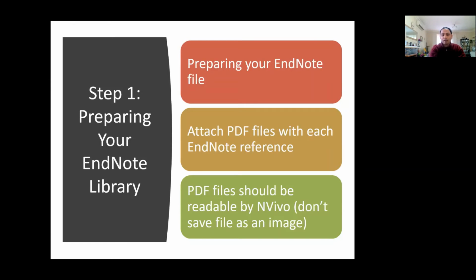If it is an image file, then you need to convert the image file, maybe into a Word document or use OCR, so that it can be easily read by the NVivo software. So NVivo cannot read image files actually. If the text is saved as an image, NVivo cannot read it. So that's what you need to remember always.